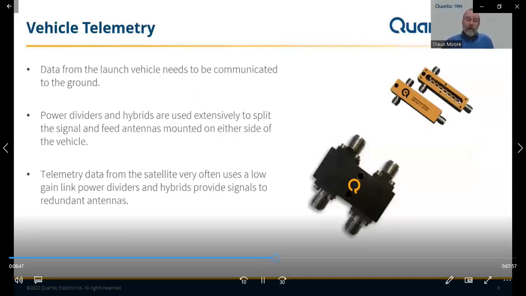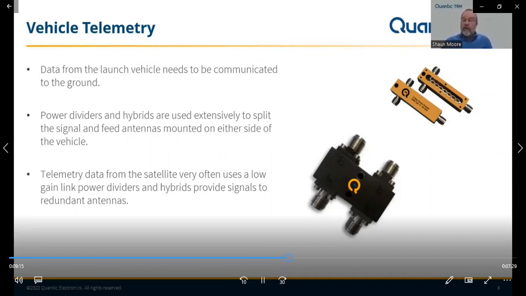This is very often communicated through some rather simple conformal antennas mounted on either side of the launch vehicle, and you want to have a uniform excitation of these things. So depending on the exact nature of the antennas, you're either going to want a power divider or possibly a 0-180 hybrid feeding those antenna networks.